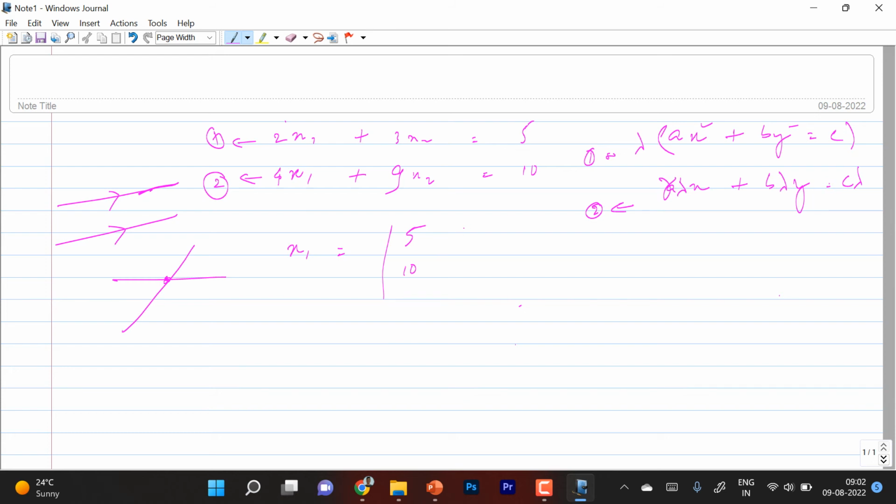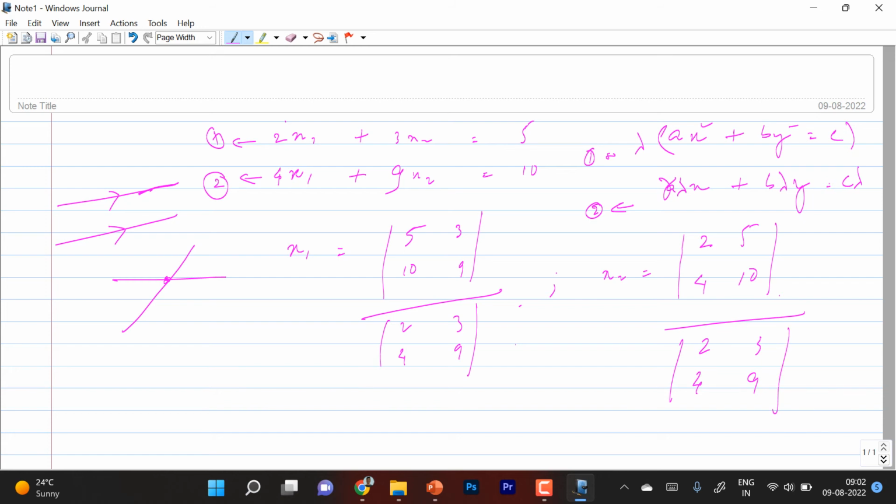So x1 is nothing but 5, 3, 10, 9 over 2, 3, 4, 9, right? And x2 will be given as 2, 5, 4, 10, and similarly over 2, 3, 4, 9.